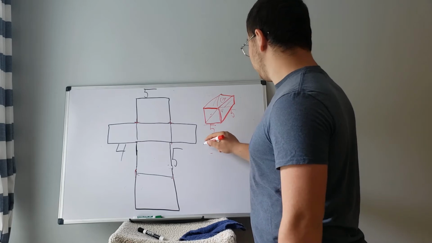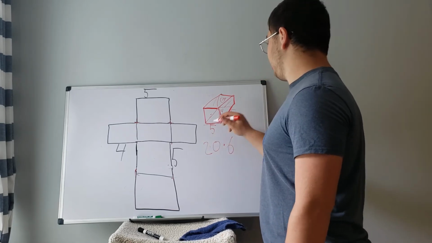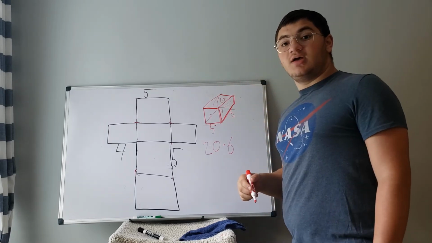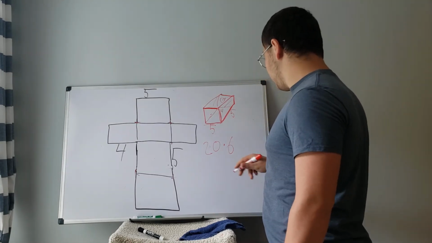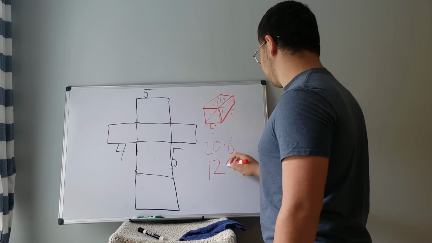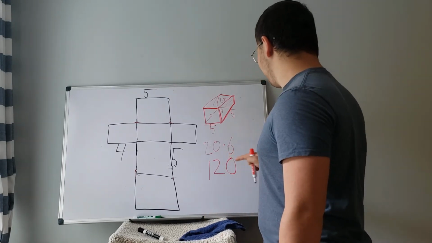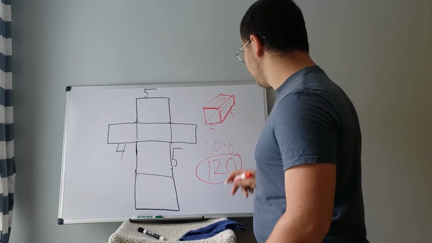So we're going to do essentially 20 times 6, because this is 20 plus 20 plus 20 plus 20 plus 20 plus 20 plus 20. Gets kind of tiring. Okay, so 20 times 6 gives us 120. Am I right? Yes, I'm right. Sometimes I get a little flustered here and there. Okay, and that gives us our total surface area.